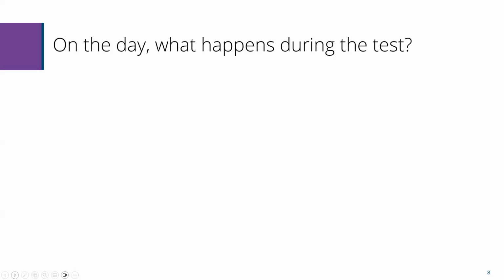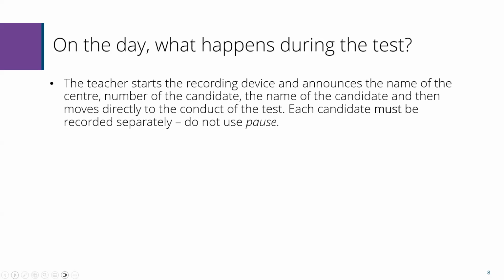So on the day of the test, during the test, the teacher starts the recording device and announces the center number and name of the candidate, and then you move directly onto the conduct of the test. And each candidate must be recorded separately. So please don't use pause.